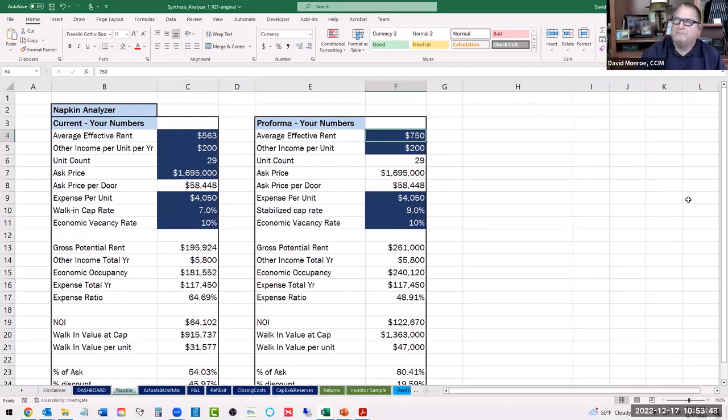So if my discount rate is 7% and I'm paying all cash for the property, then my going in cap rate needs to be 7%. If I'm an institutional investor and I promise my investors a 3% return on their money, then I can go all the way down to a 3 cap. And it doesn't matter because there's no loan.